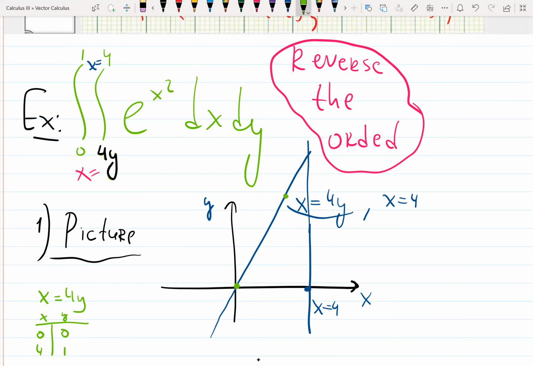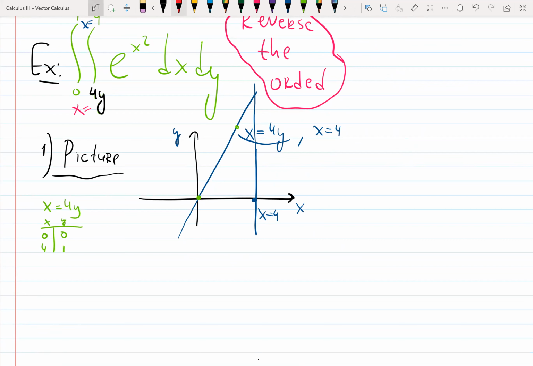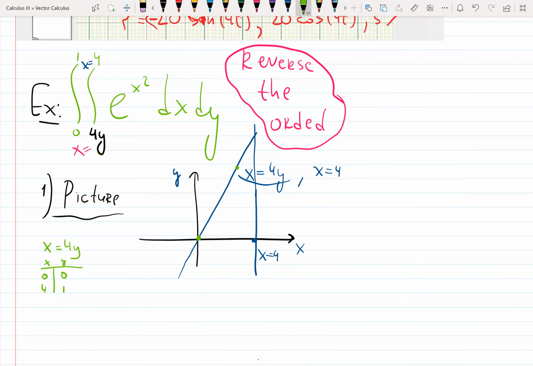Now, to reverse the limits of integration, you go back to calculus 1, to be honest. Or calculus 2. No, area between graphs was calculus 1. So right now, you are scanning in this order. It tells you the order, from this line to this line.